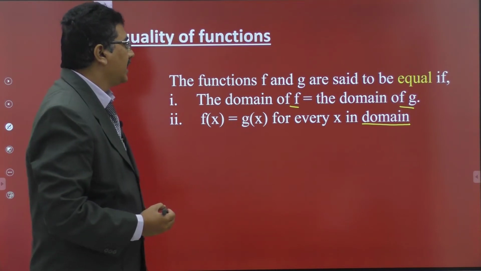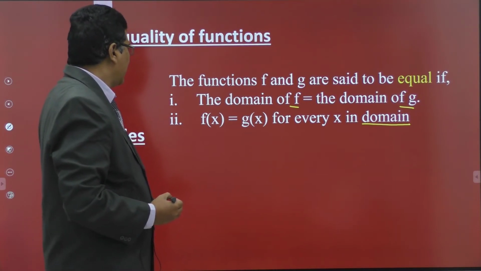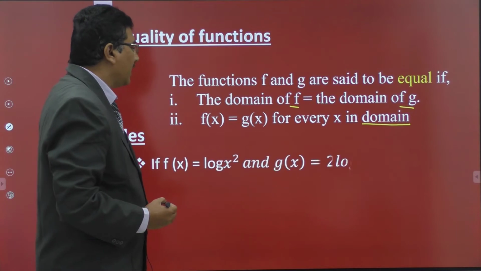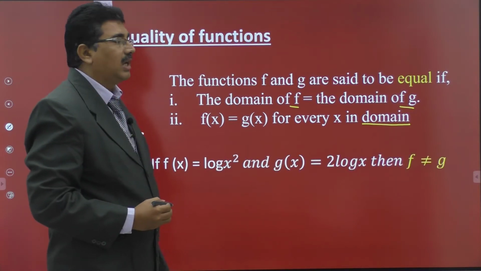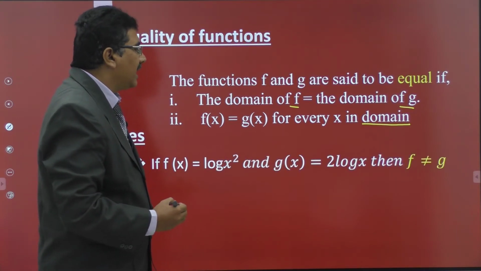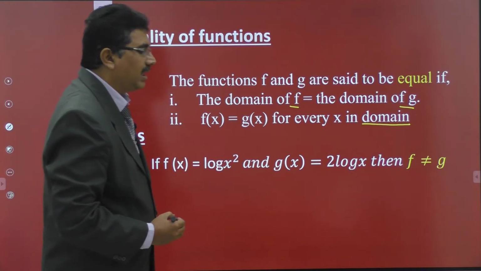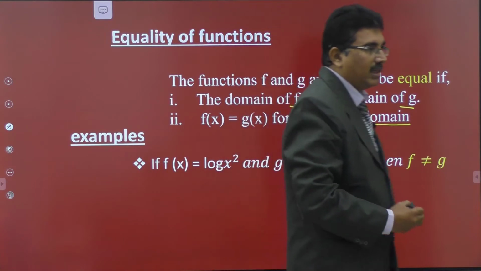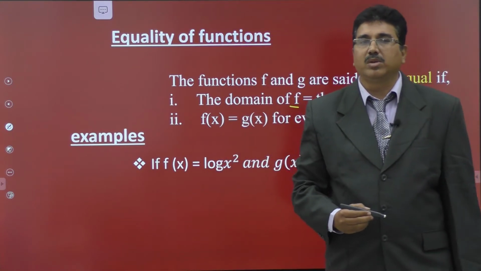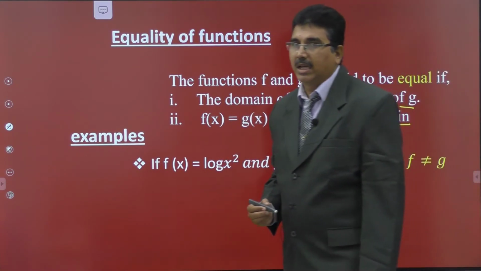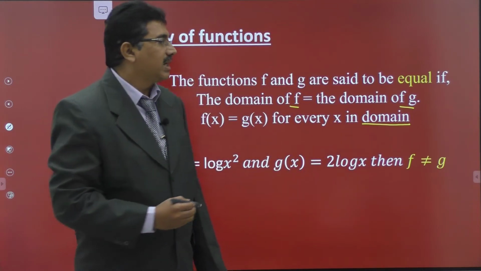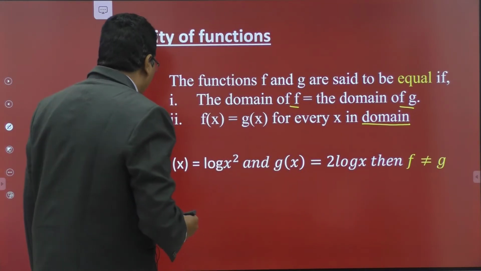Now see two examples. First one: if f of x equals log x square and g of x equals 2 log x, then f is not equal to g. Why? See the first condition, the domain of f.